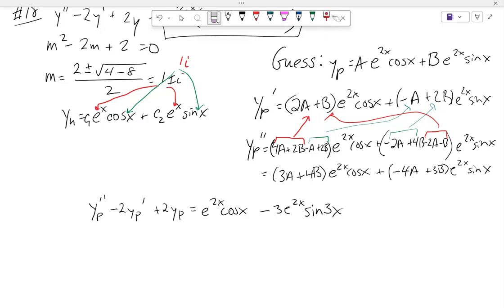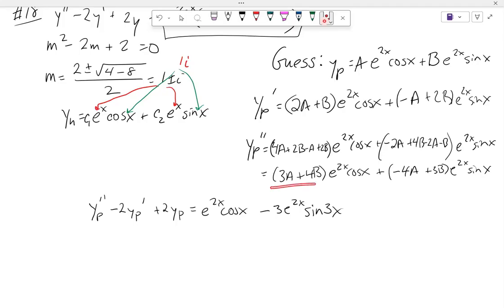I'm going to erase some of this stuff on here because it's going a little crazy. All right. Here's e to the 2x cosine x in the second derivative. Here it is in the first derivative. Here it is in the original function, right?